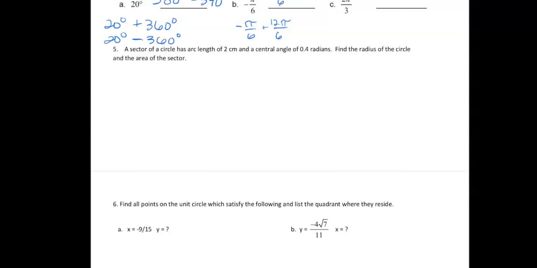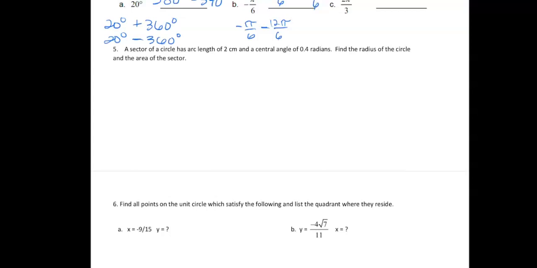There's my positive coterminal angle. And so to get the second angle, subtract, and when I subtract, I go more negative, and so therefore it's going to be negative 13 pi over 6. Those are my two angles.